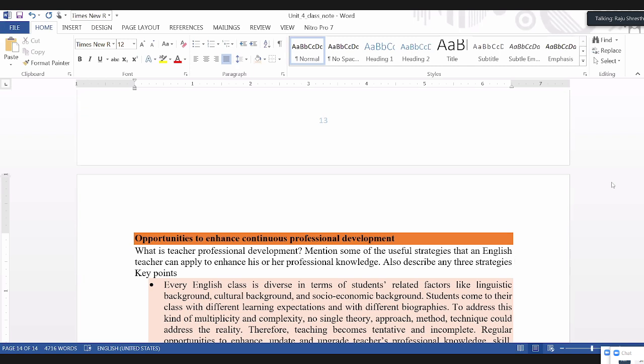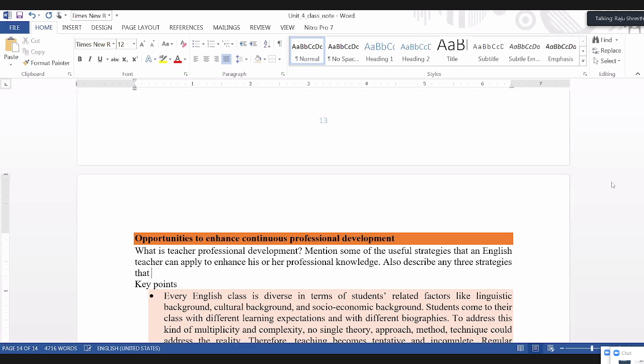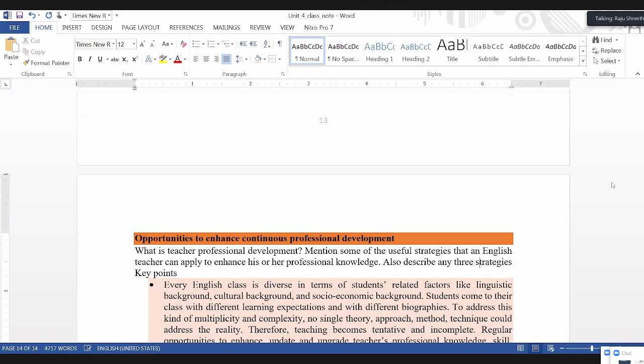Also describe any three strategies that are useful for teacher professional development. Or, describe any three strategies.